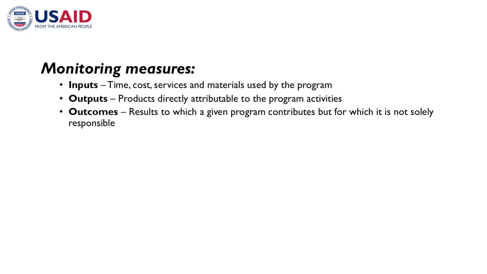So monitoring tends to measure things like inputs, such as time, cost, the services provided by a project, the materials used by a project; outputs, and these are products that are directly attributable to the program and its activities; and outcomes, which are the results that a project contributes to, but probably isn't solely responsible for.